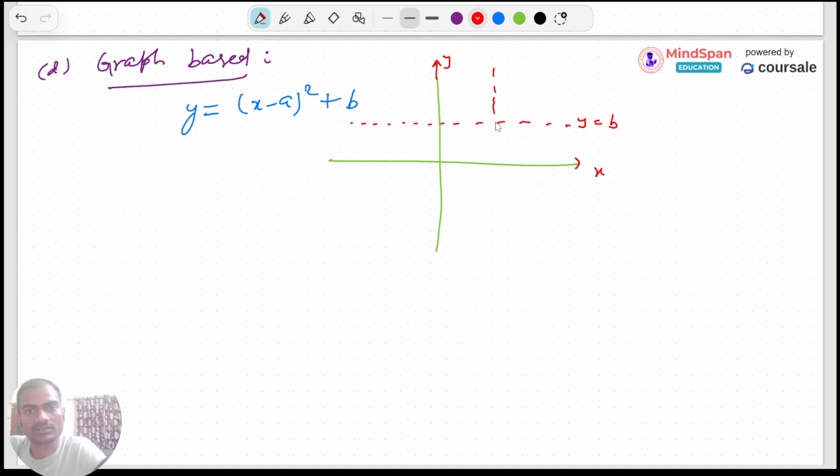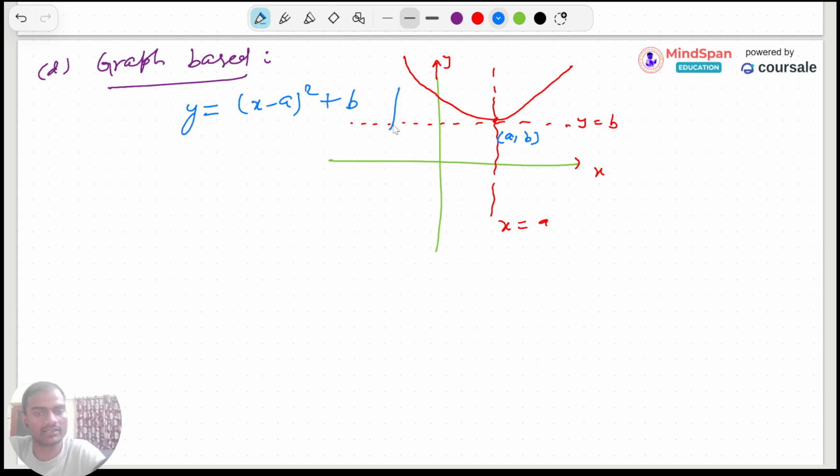Suppose this line is x equal to a, and this line is y equal to b. So this graph is an upward opening parabola which touches here at point (a, b).